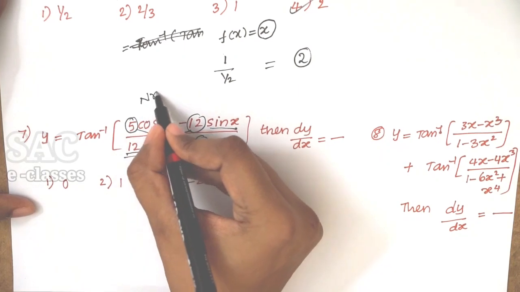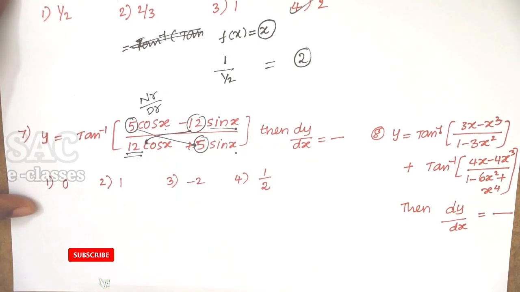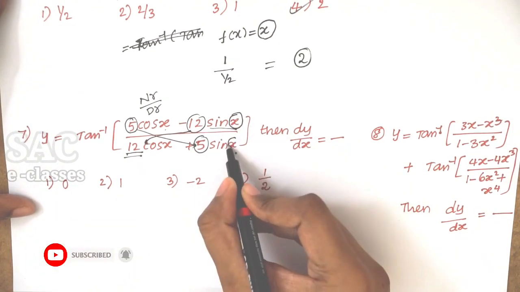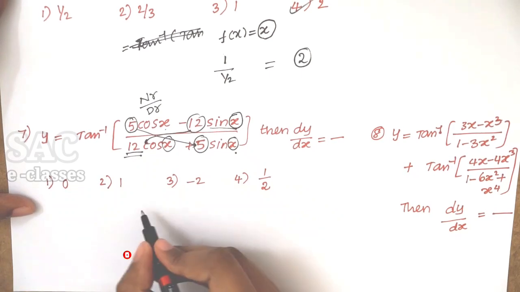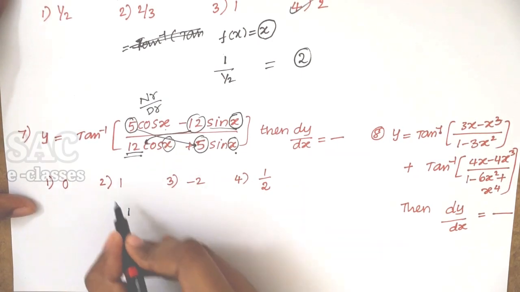If it is in the form of a fraction, numerator and denominator, the answer is whatever that particular function is. What is the differentiation of that x? It is 1.